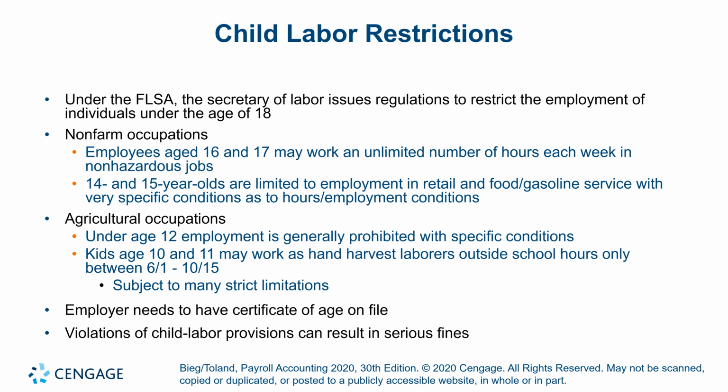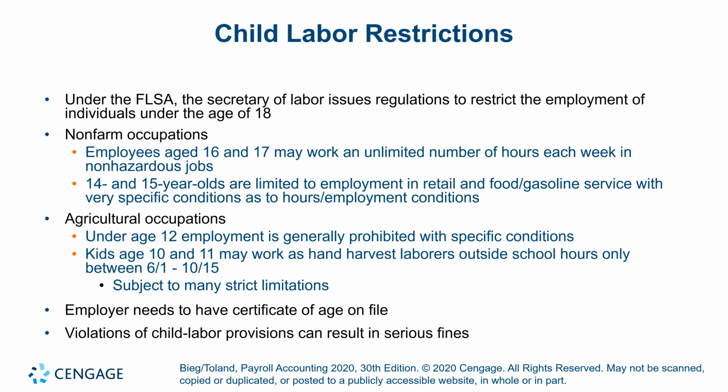Again, it talks about this more on page 13 of chapter 2, so 2-13. Children age 12 and 13 may be employed only during hours when school is not in session, provided there is parental consent or the employment is on a farm where the parents are employed.